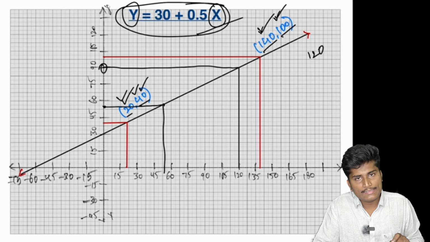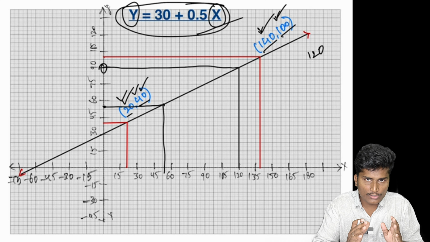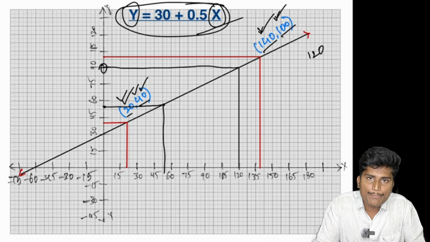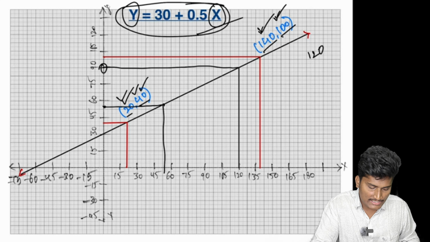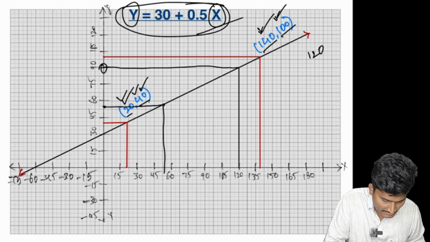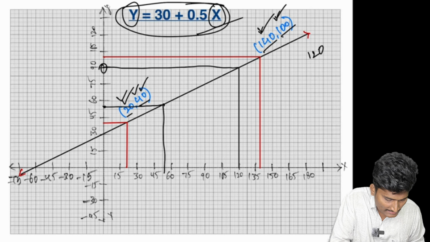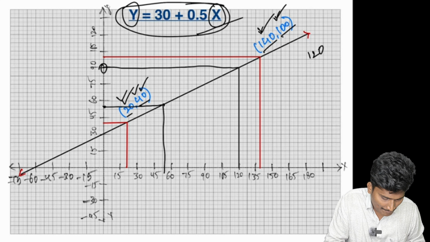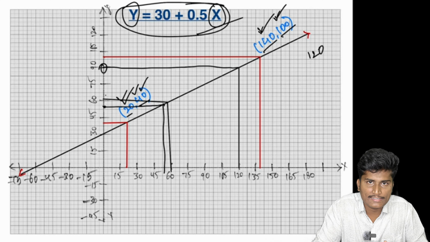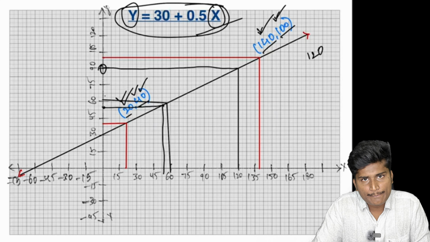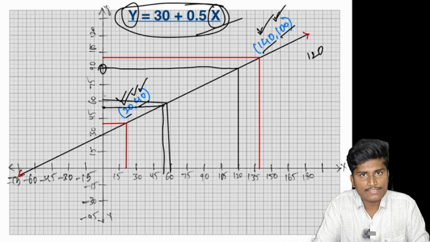But when you have a graph, then you will have at your disposal every possible outcome of the problem. Just by seeing this, you will get to know how many marks you will get if you studied for 60 hours. And you just need to, in your mind, connect these 2 points. That's it. Now, this is one of the benefits of representing an equation in a graph.